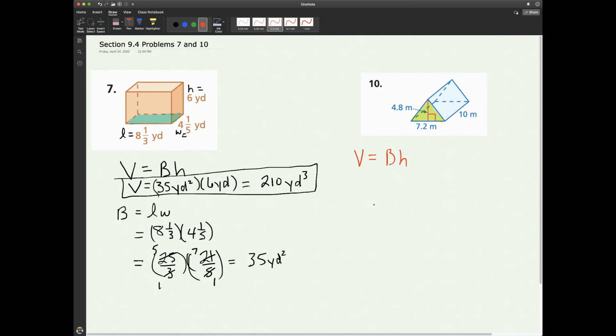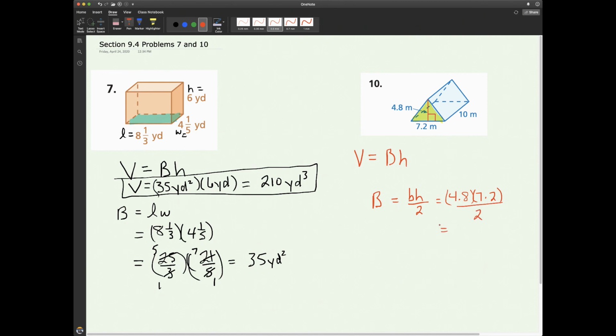So let's calculate capital B. That's just the area of a triangle, which is base times height divided by 2, which equals 4.8 times 7.2 divided by 2.